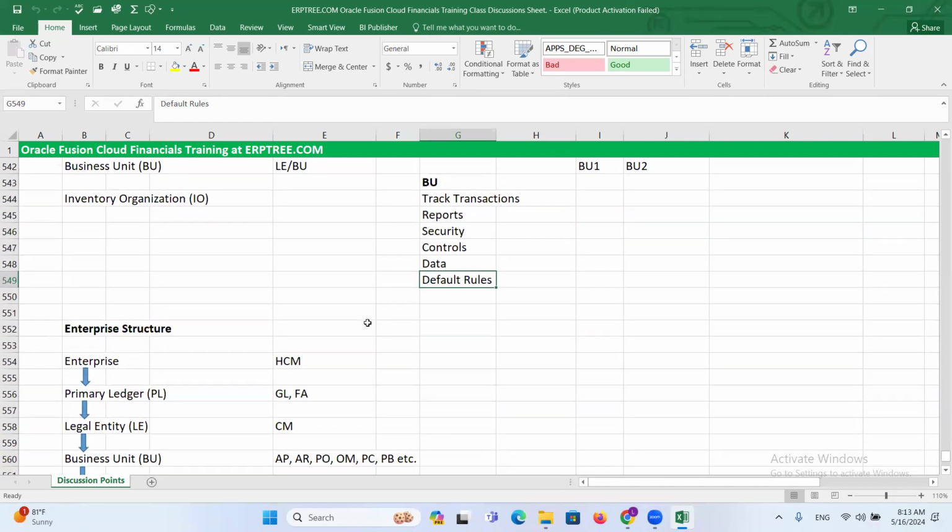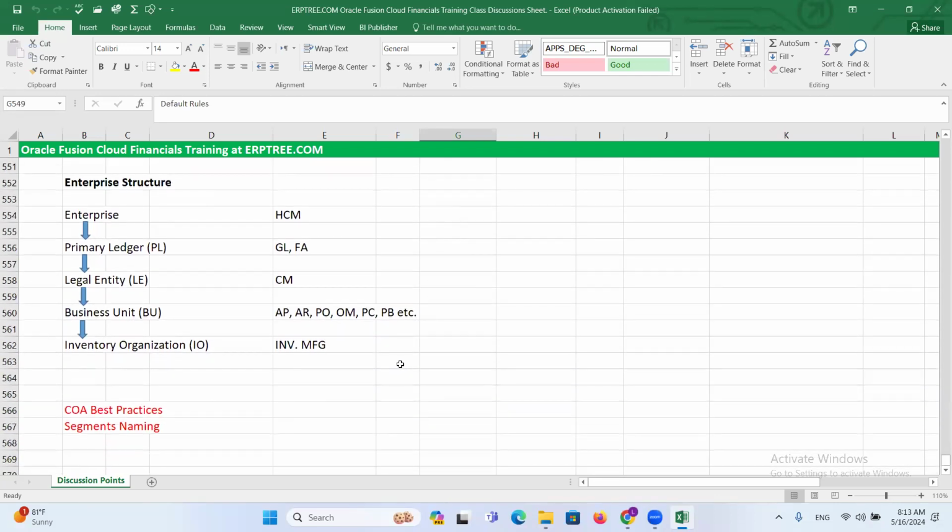And if you talk about the enterprise structure, what applications can be mapped at what level? Enterprise means we are going to manage the employees' information. How do you manage the employees' information? With the help of HCM applications. By using human capital management applications, we can maintain the employees. And by using primary ledger, you can record the transactions.